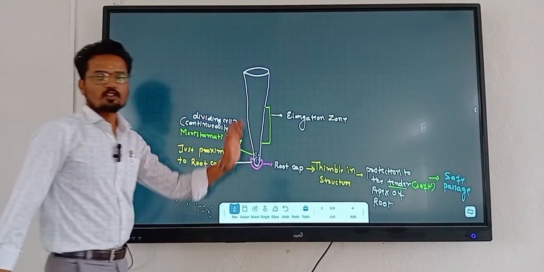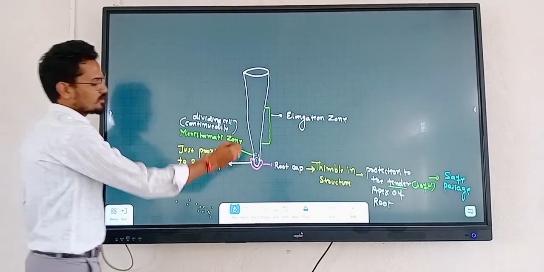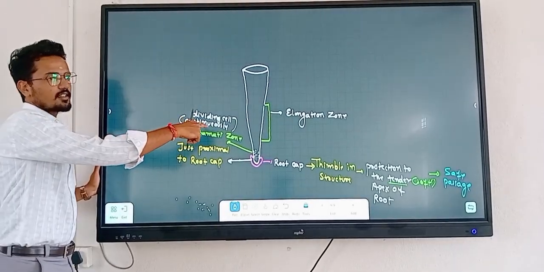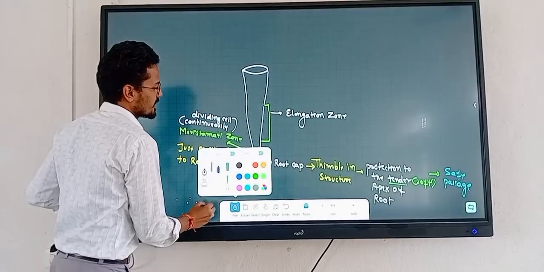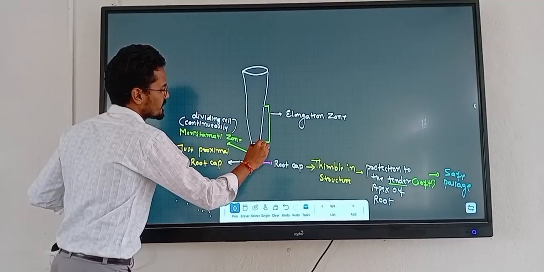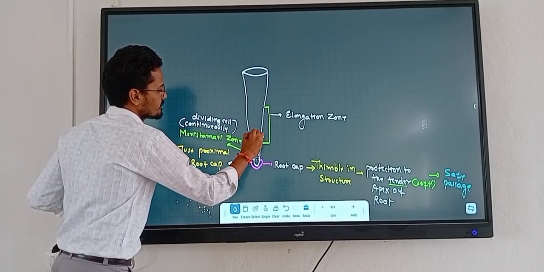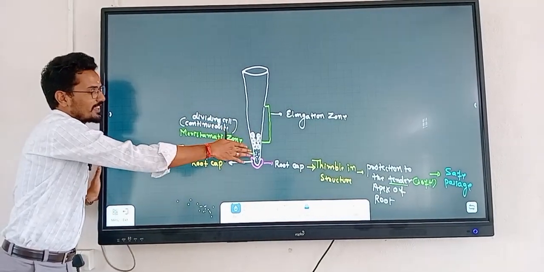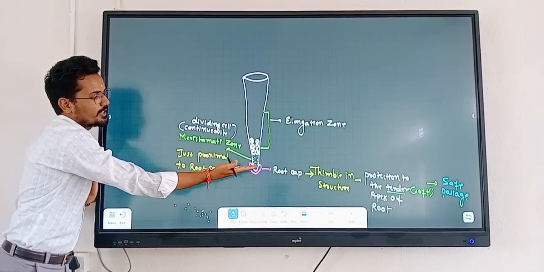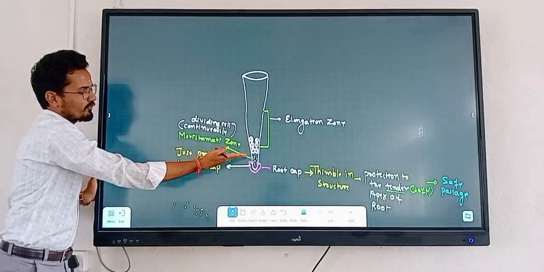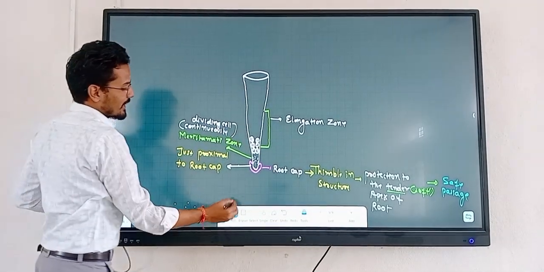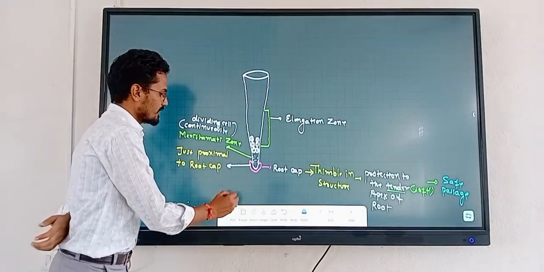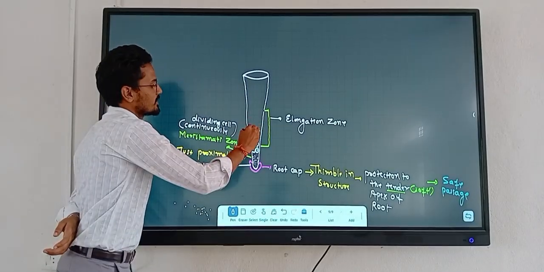In this elongation zone, the cells which arise from the meristematic zone are deposited at the proximal region of the meristematic zone. After deposition at the elongation zone, they get elongated and elongated.